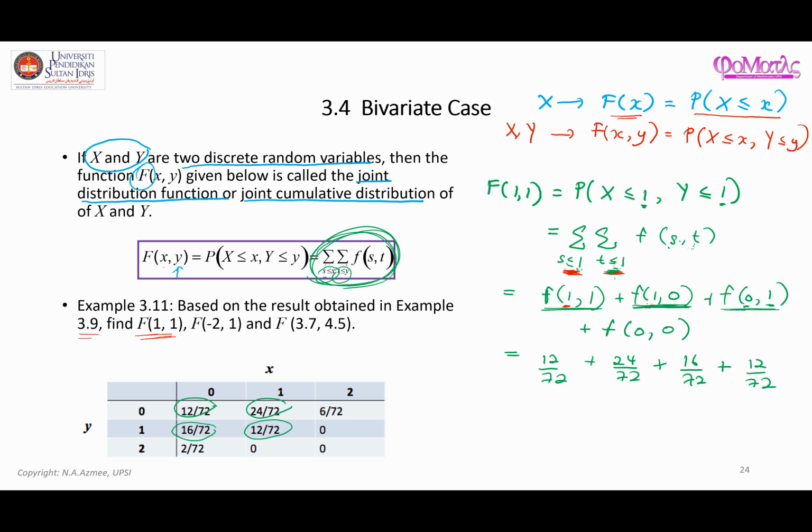So you add them up and you'll be able to get the answer, which is equal to 64 over 72. And you can simplify if you want. So if you simplify, the answer is 8 over 9. Okay, so that's the first question.